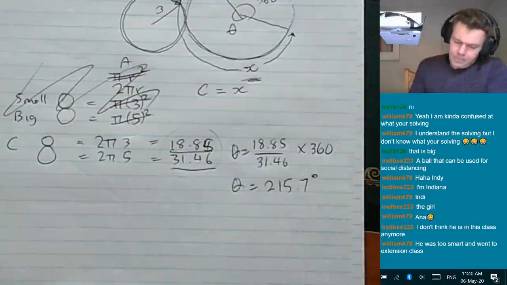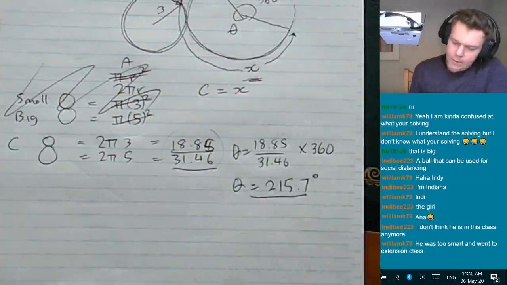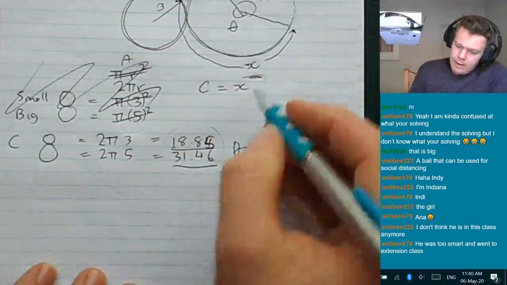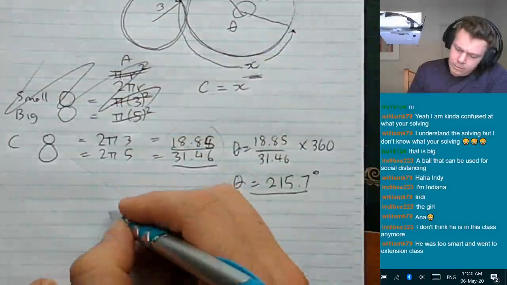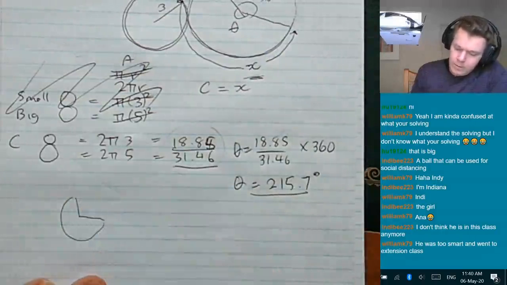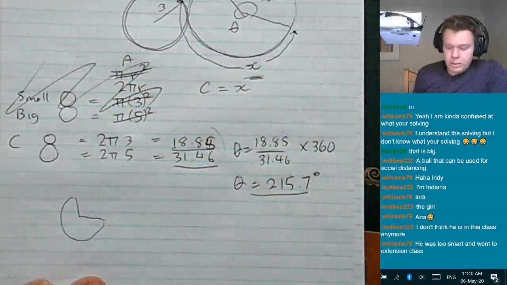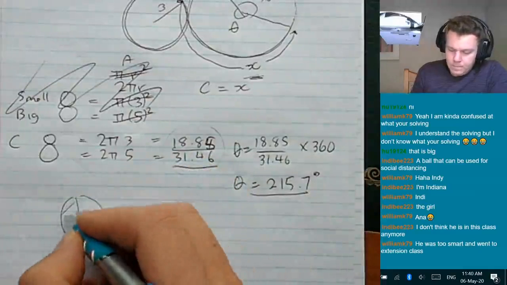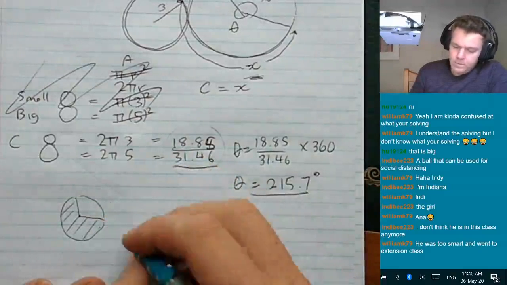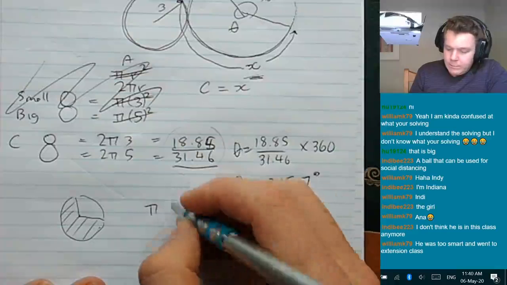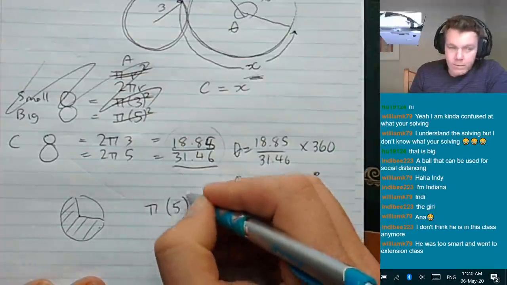Alright, now we can start doing area. To work out the area of the big circle, we just go pi times 5 squared.